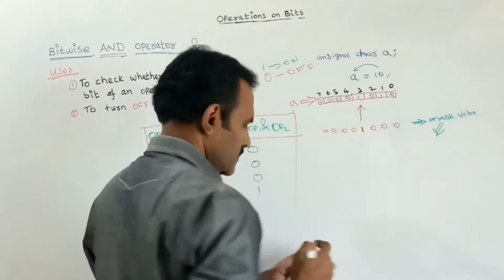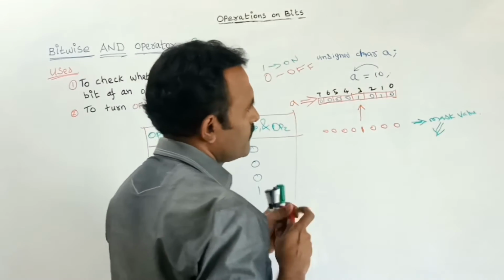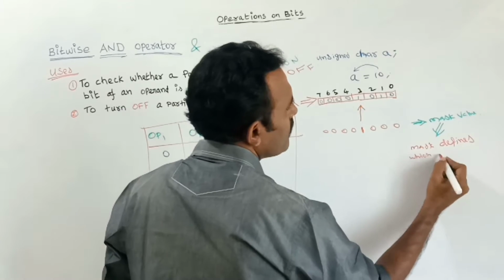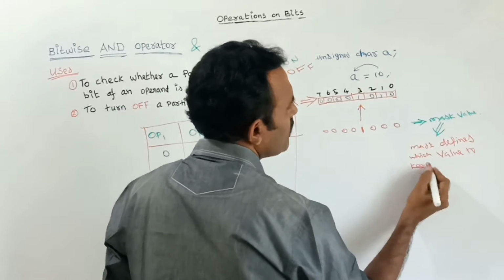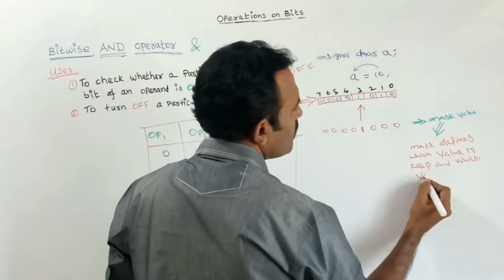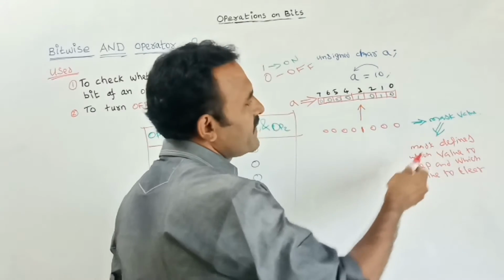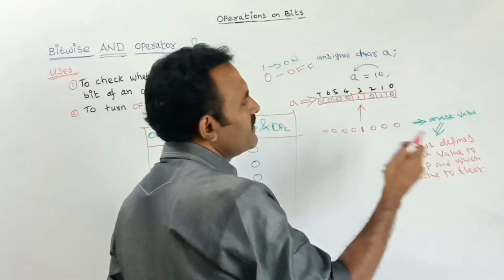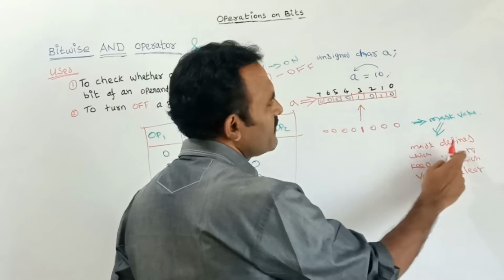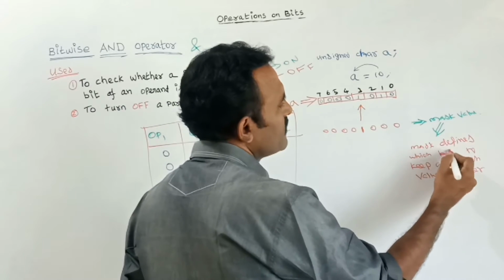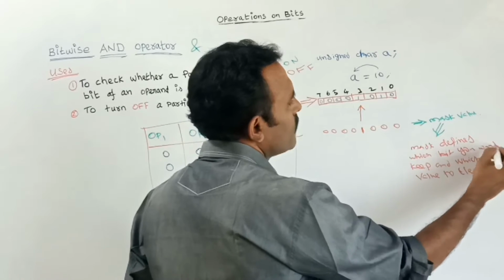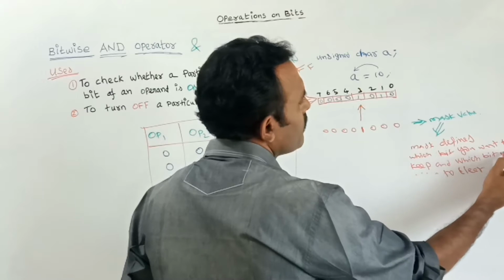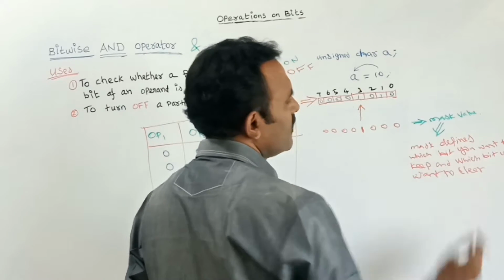This mask defines which bits you need to keep and which bits you want to clear.